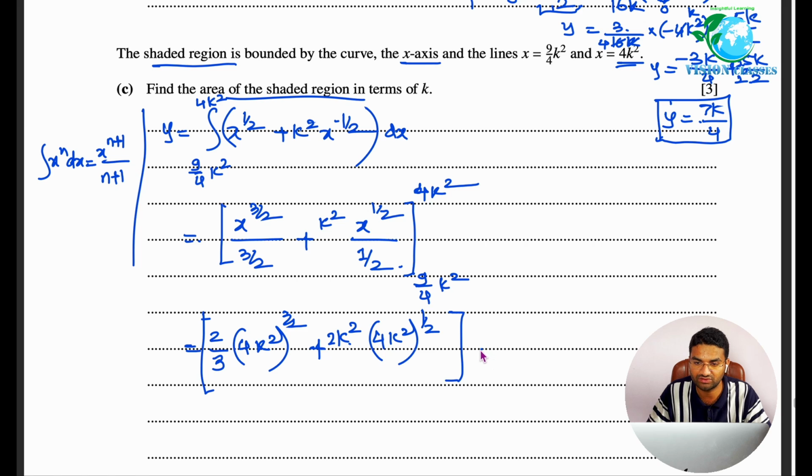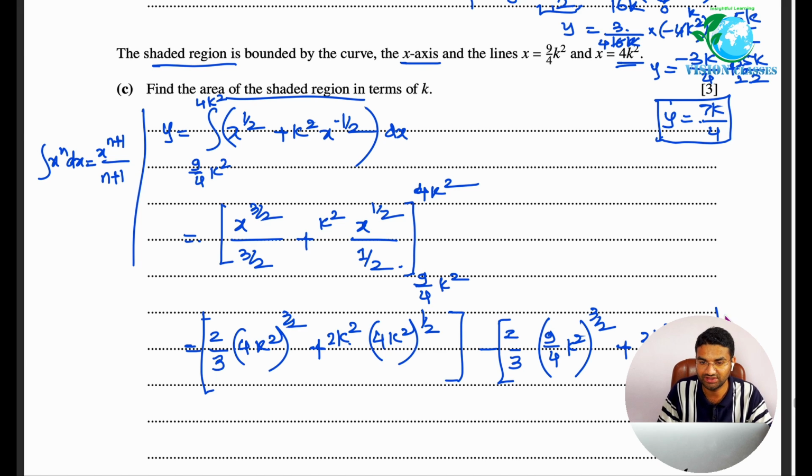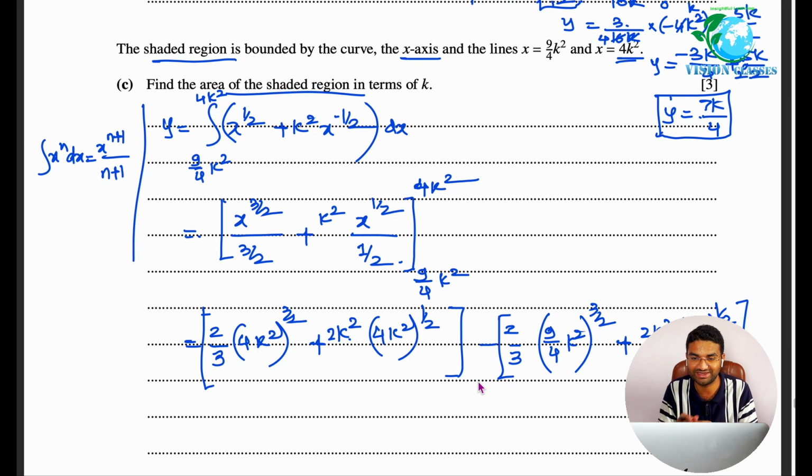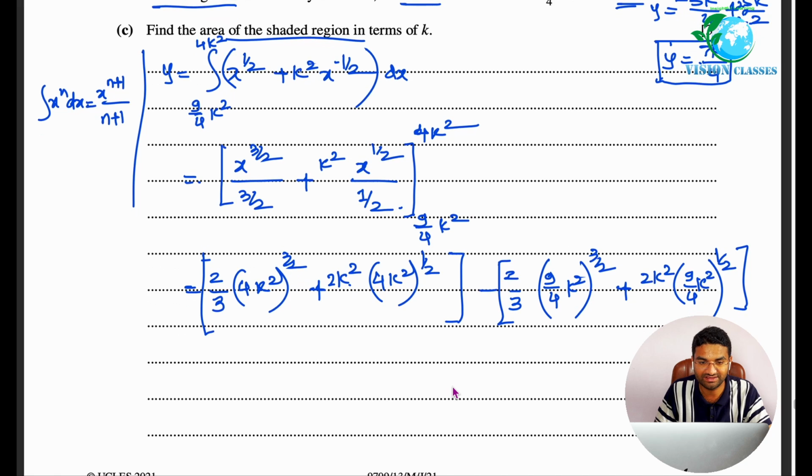And then the second part is minus 2 by 3 times 9 by 4 k square raised to 3 by 2 plus 2k square times 9 by 4 k square raised to 1 by 2. Okay, so it's a big lengthy one and you have to simplify this step by step.